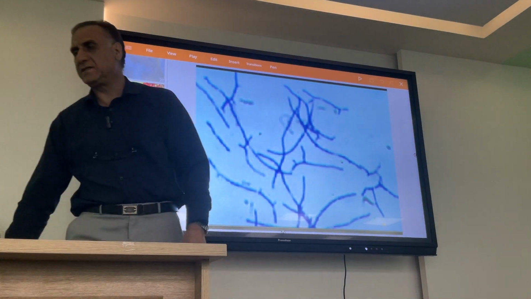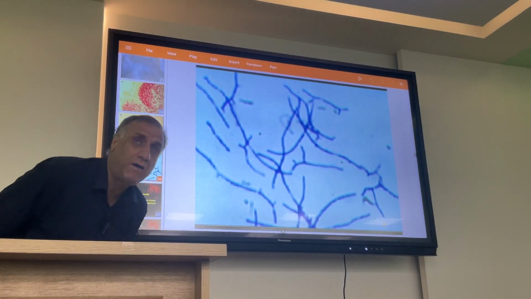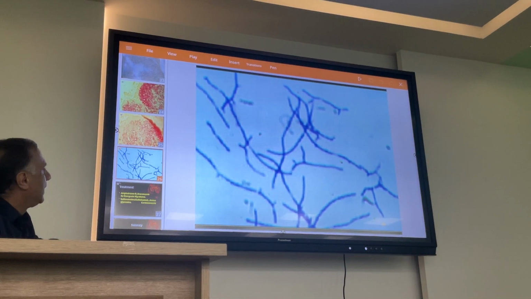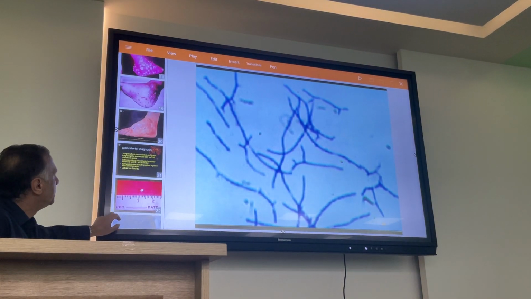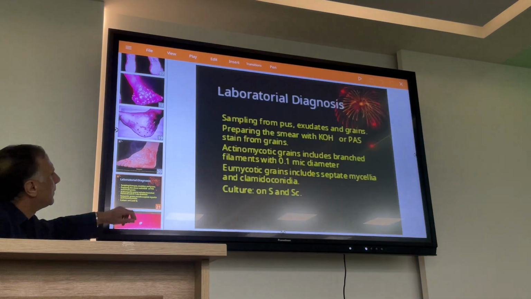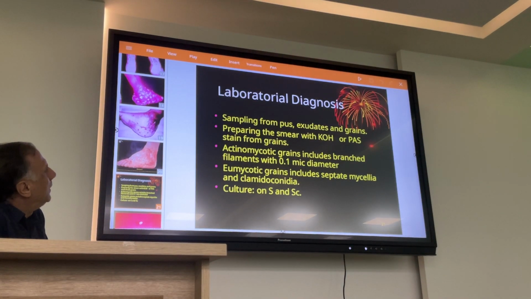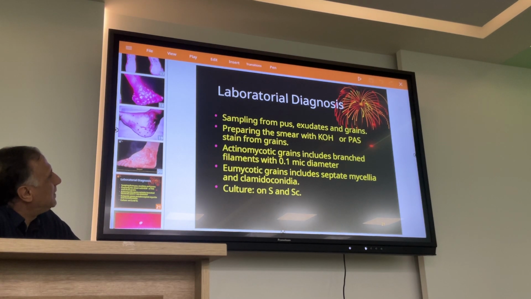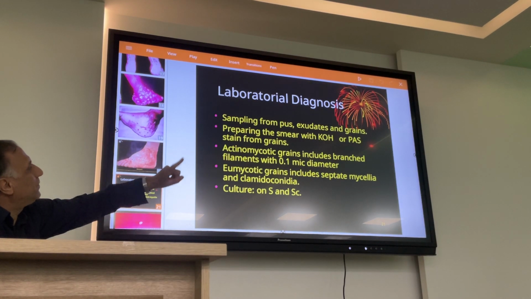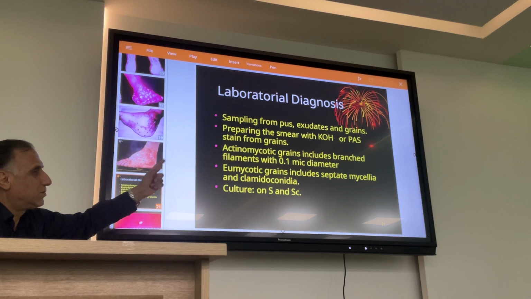The only way is direct examination of tissue material. For tissue material, you can use samples like pus, exudate, and grain or granule. Grain is similar to granule.